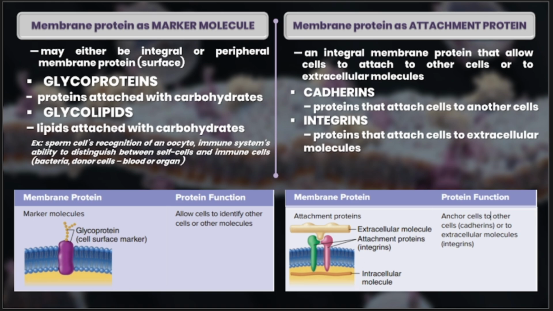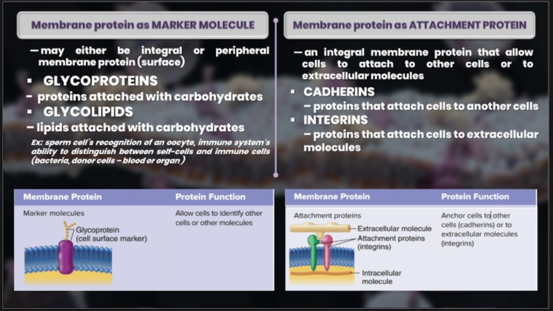These types of proteins would be very essential in maintaining the tissue structure and also facilitate cell movement and signaling. Notably, we have your cadherins and your integrins. Your cadherins are proteins that attach cells to other cells, while your integrins would attach cells to extracellular molecules.